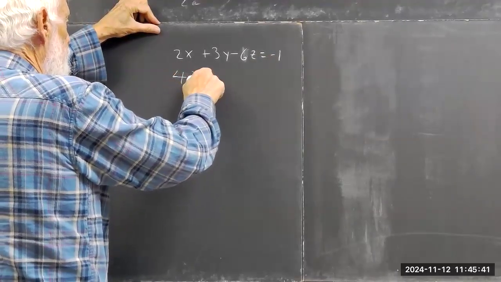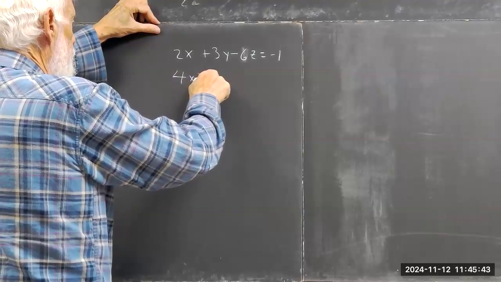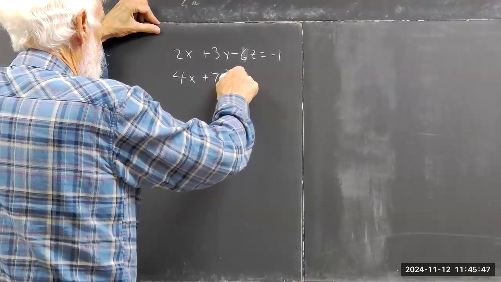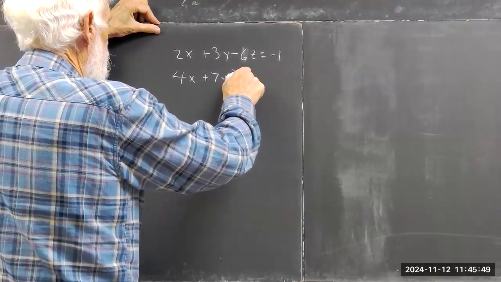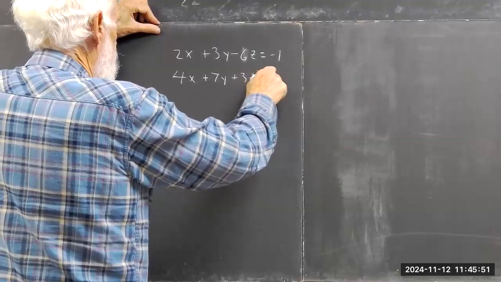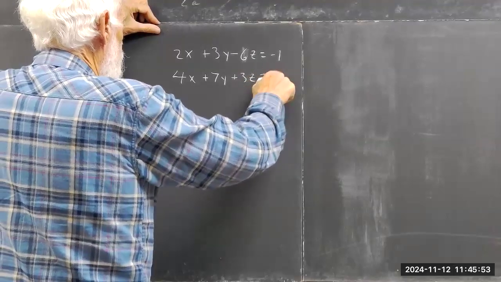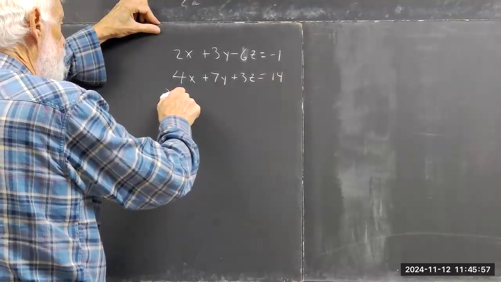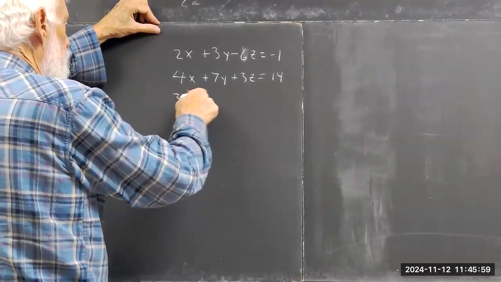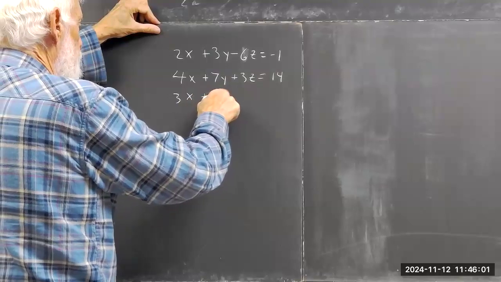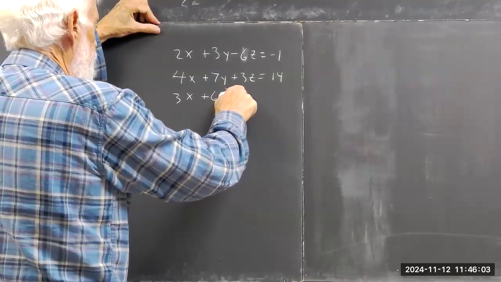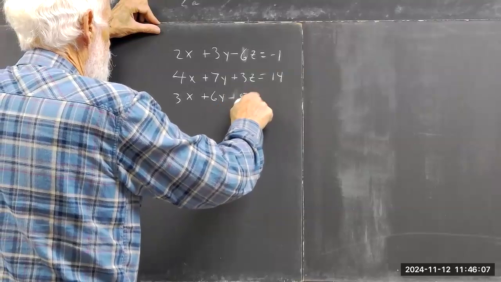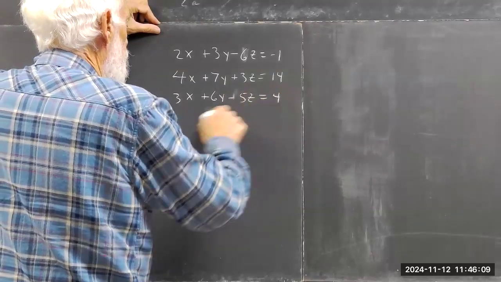4x plus 7y plus 3z equals 14. And 3x plus 6y minus 5z equals 4.